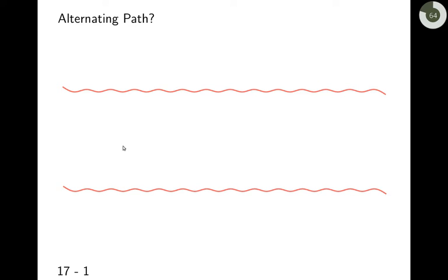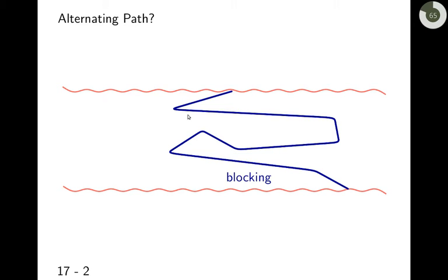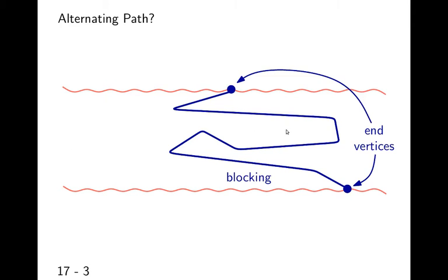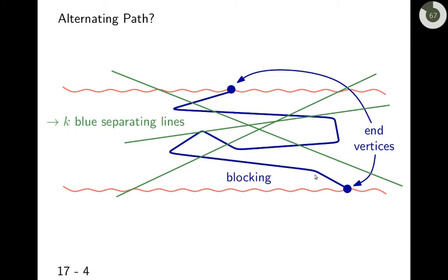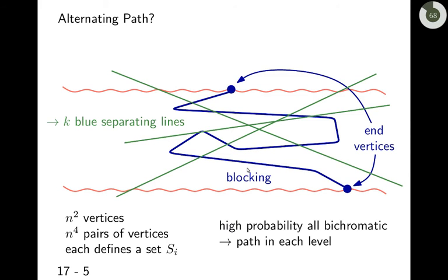So how do we go from left to right in one tunnel? Let's assume there would be something blocking, so we can't go from here to there. Then the end vertices of this blocking structure must have the same color, and all of this must have the same color as well. So there must exist k blue separating lines.